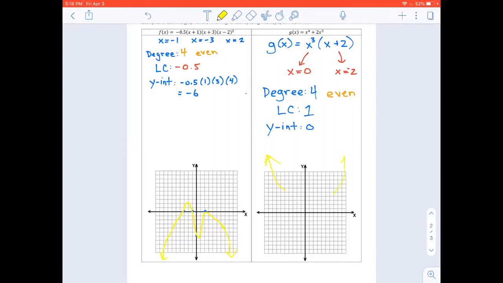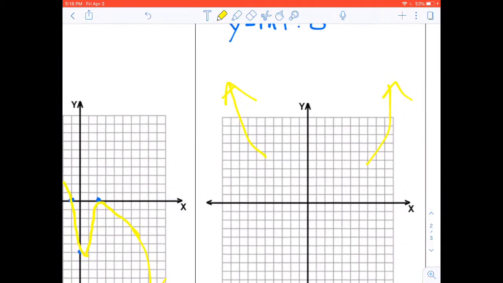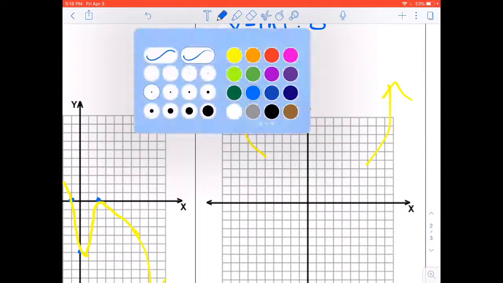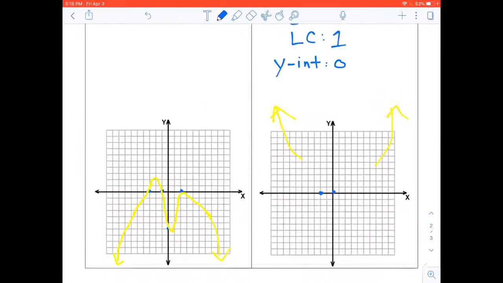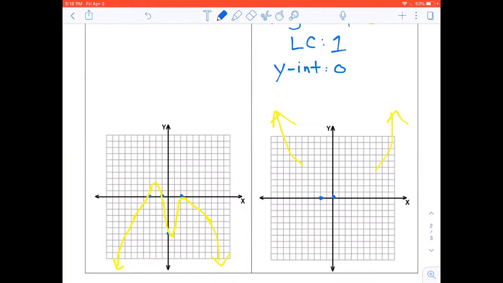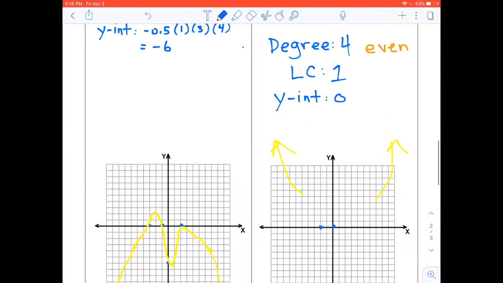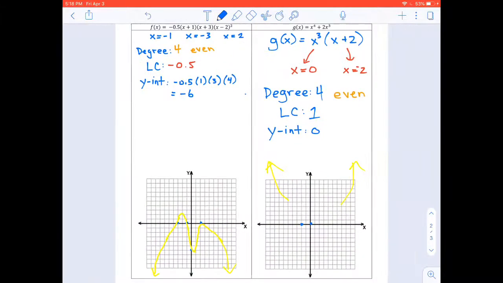I know it's going to end at this side. We'll figure out what happens in between by all the characteristics that we figured out. We do know we have an x-intercept at 0 and -2. So I'm going to put those on here. I do know that we have a y-intercept of 0, and that's the same as the x-intercept of 0. It's already on our graph.